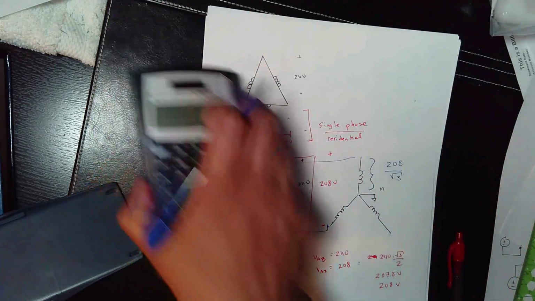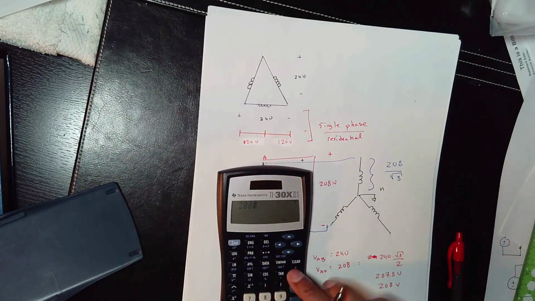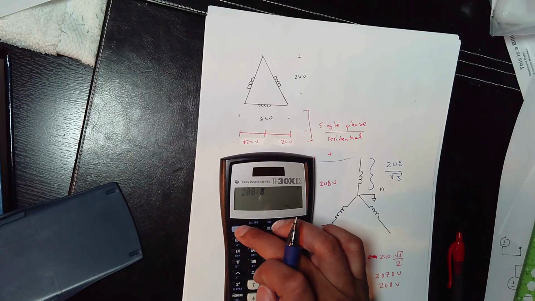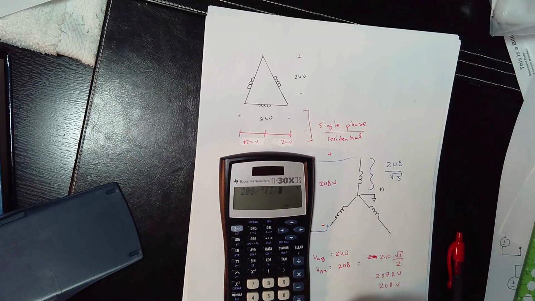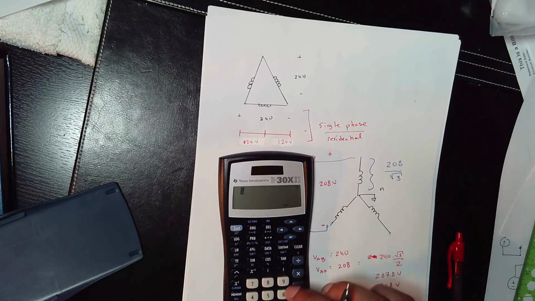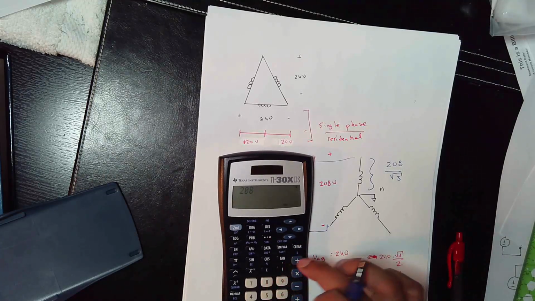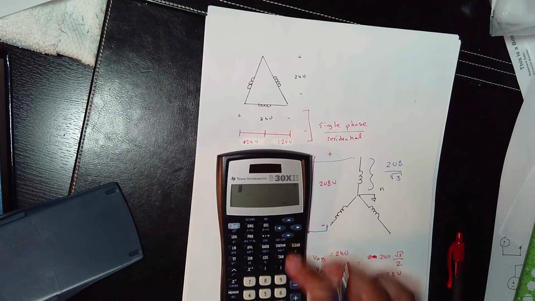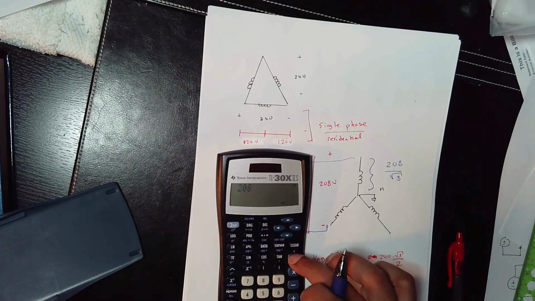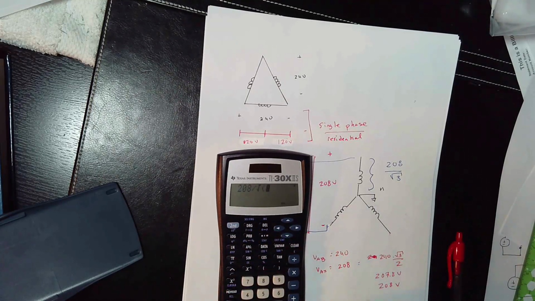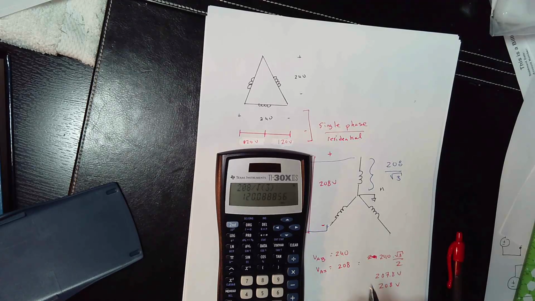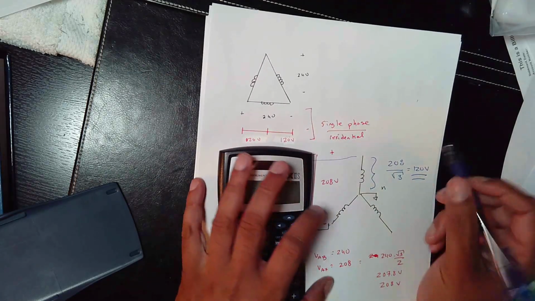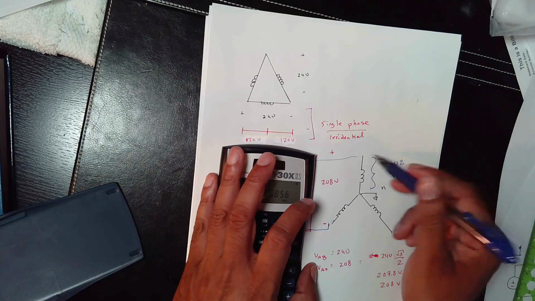So you go here, 208 divided by square root of 3. And there's your 120. So this is the plug for 120 on a 3-phase.